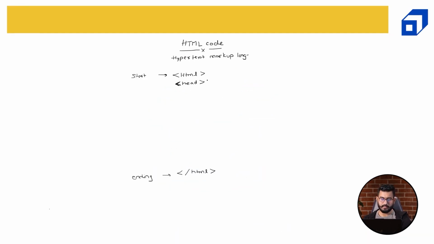So head, here we have added the title, wikipedia.org, and then /head. Then we have the next tag known as body. Within that, we write all the code that we want to appear as the body of the web page. The body tag starts with body and /body ends it.